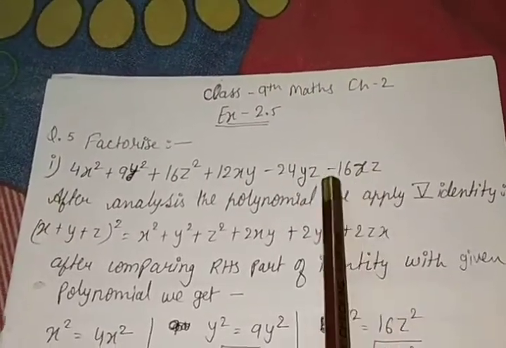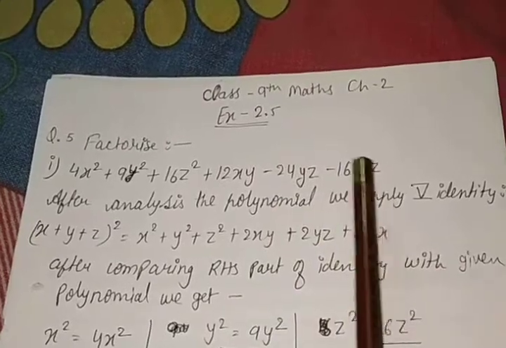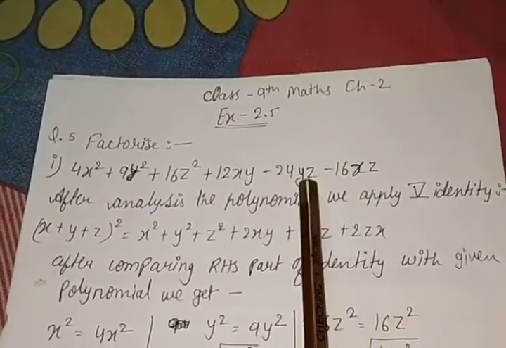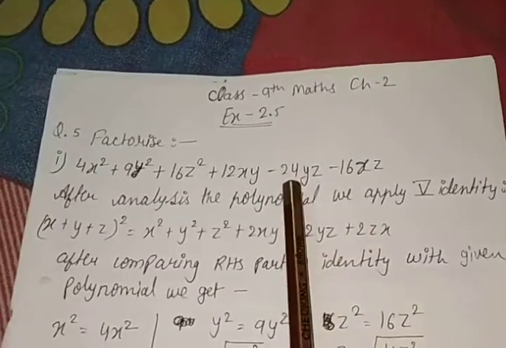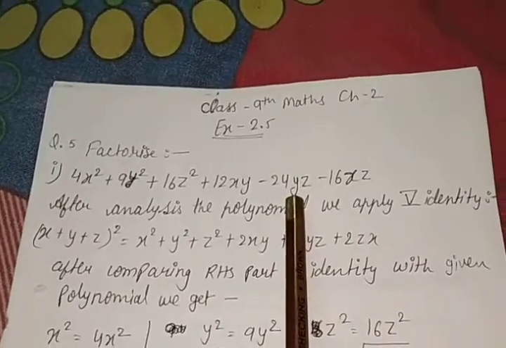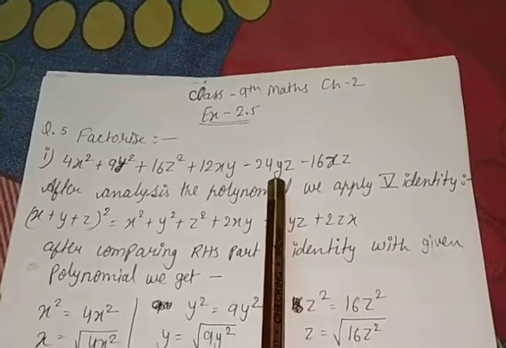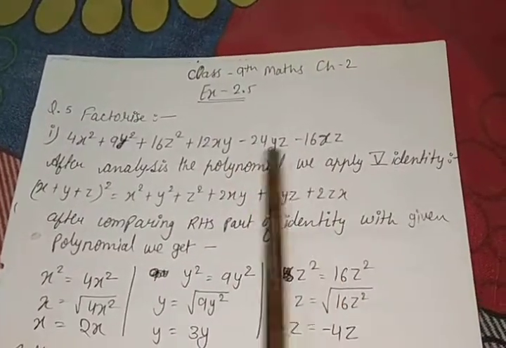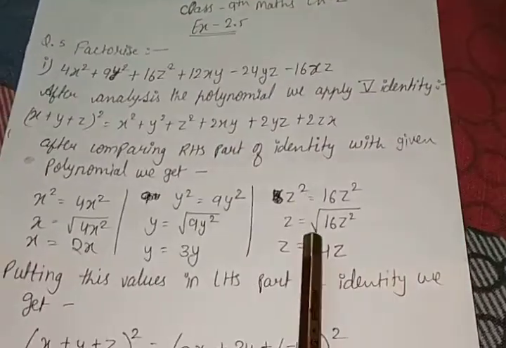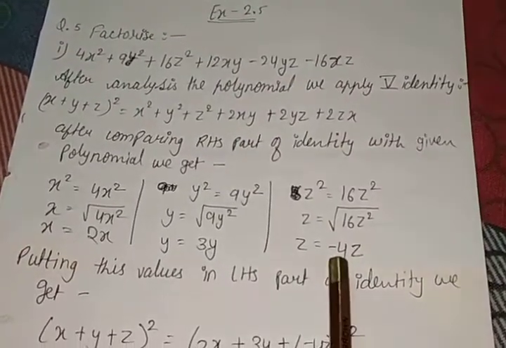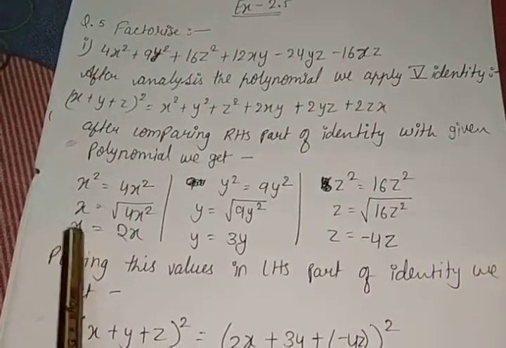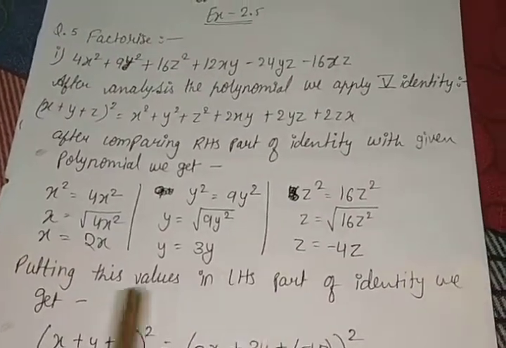The z variable is common in both the terms. That means the value of the z variable is in negative form. So after analyzing these terms, we put the negative sign in front of 4z. So these are the values of variables x, y and z.